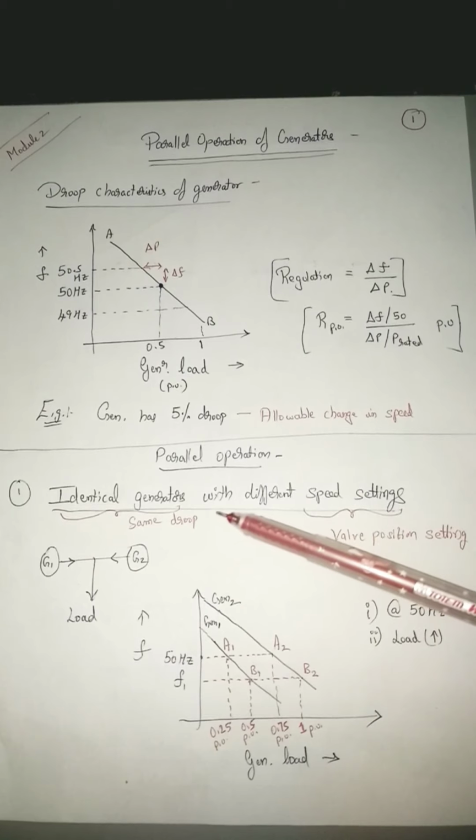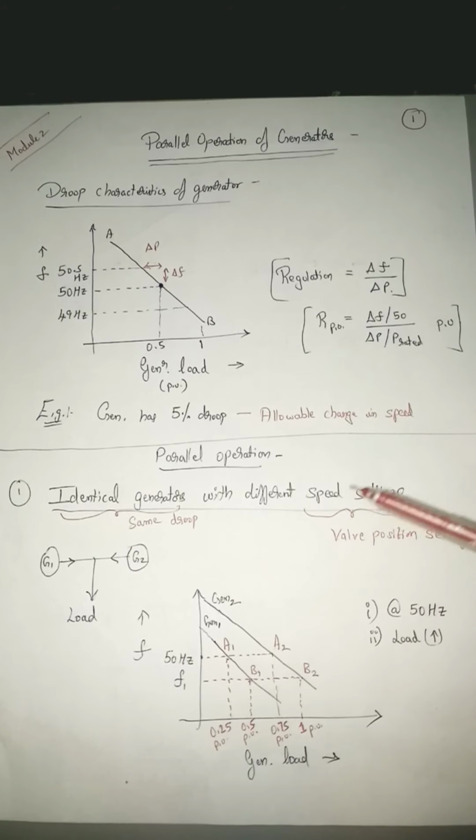And here it says with different speed settings. Different speed settings means the initial valve position setting of the steam valve could be quite different. The steam valve position setting allows the quantity of steam to hit the turbine. Maybe for attaining the same speed of the rotor, one steam valve might be open by 30% and in the other machine it might be 50%.